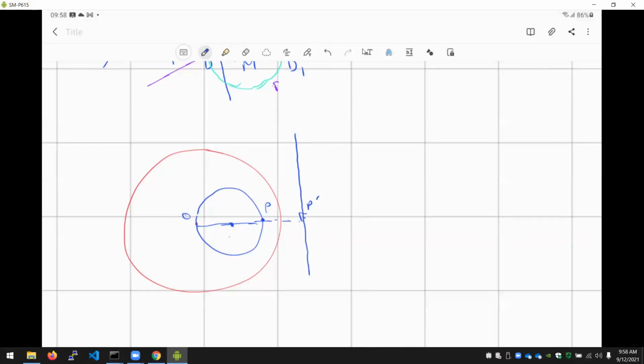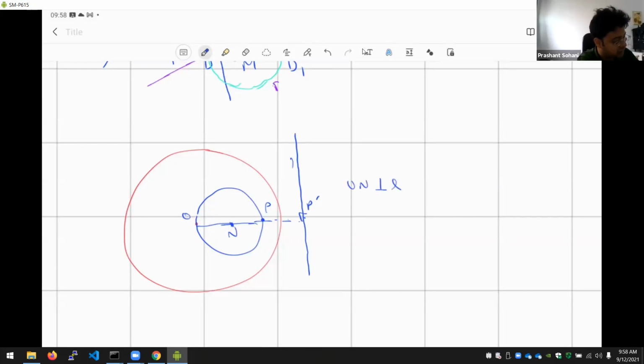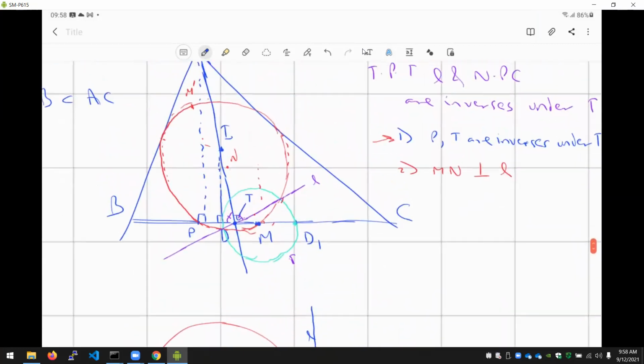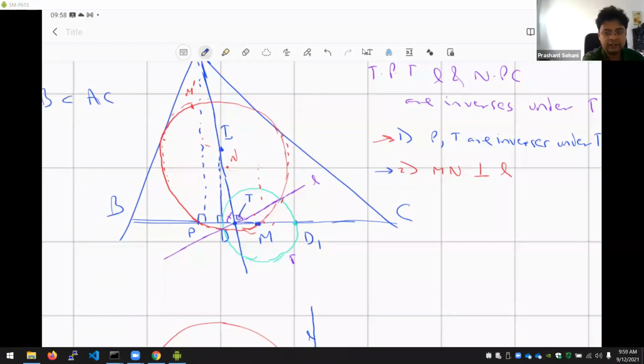So the line joining the center of inversion and my original circle, ON, has to be perpendicular to L. Understood. Okay, so these are the two things we have to prove. And if we do that, then we are done.